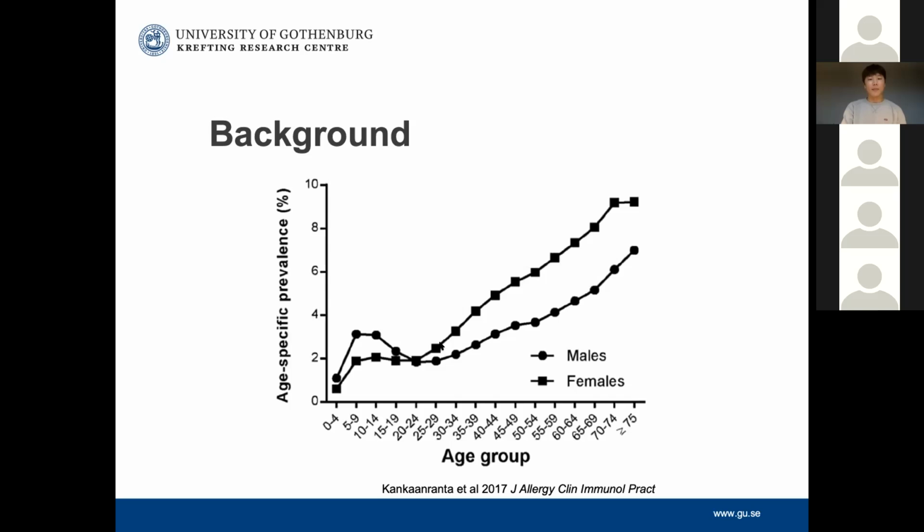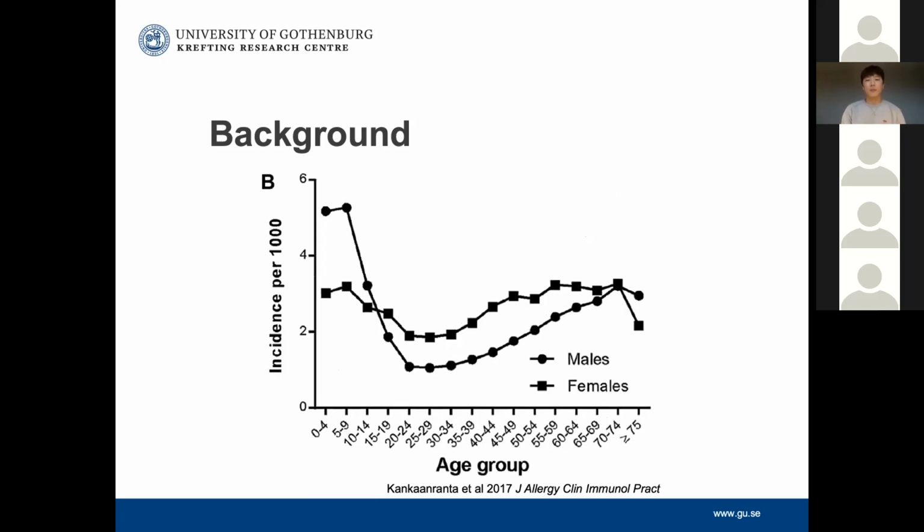As we can see from this study conducted in Finland, before around puberty, the prevalence of asthma is higher in boys than in girls. But after puberty, the prevalence is dramatically higher in females than in males. So there is a switch in the difference in prevalence.